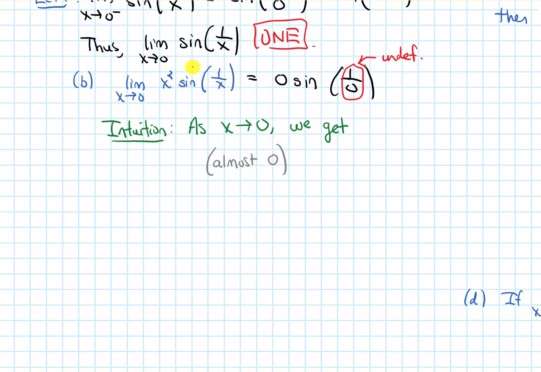And then the sine portion is going to be a small number, because sine is always between -1 and +1. So when you take something that is getting super, super close to 0 and you multiply it by a small number, the whole thing is getting really close to 0. So our intuition is saying that this limit should be 0. We're going to show this using the Squeeze theorem.